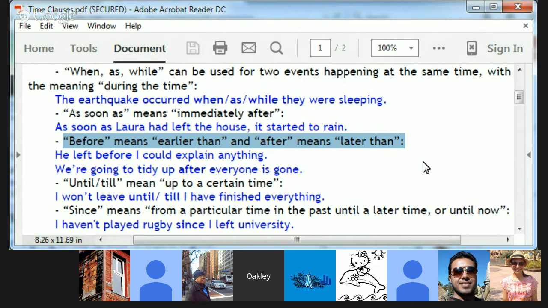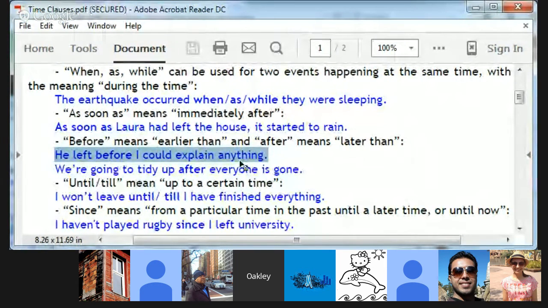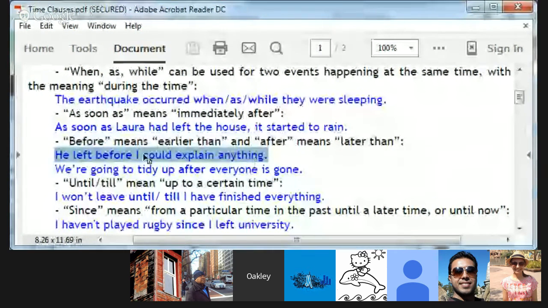The words before and after do that for us. You can use it, it's not wrong, but it's not necessary either. As in this sentence, I don't need to say he had left before I could explain anything. I could is past simple. It's defined within the definition of the word itself.